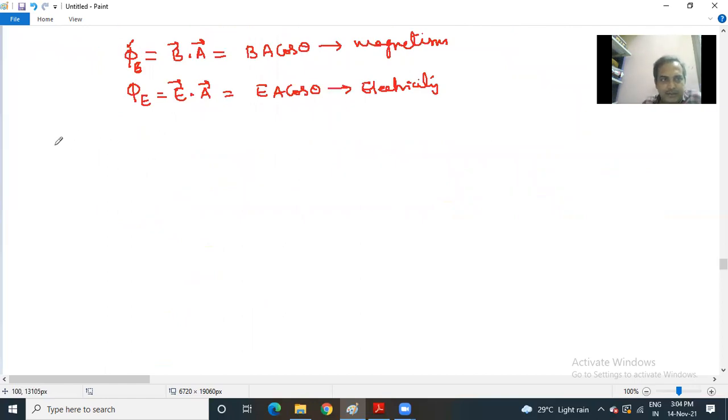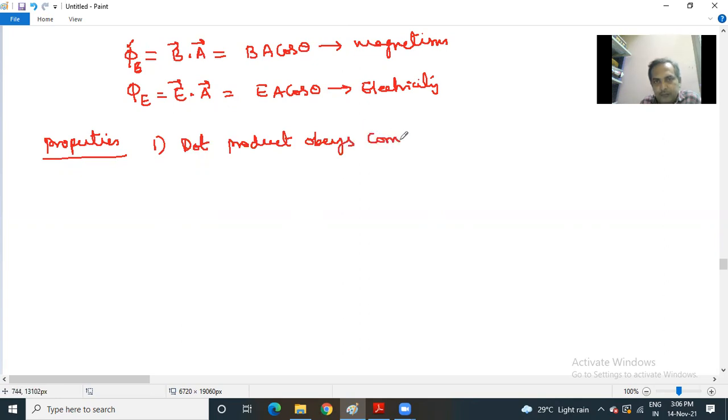Now there are properties of dot product. The first property is that the dot product obeys the commutative law.